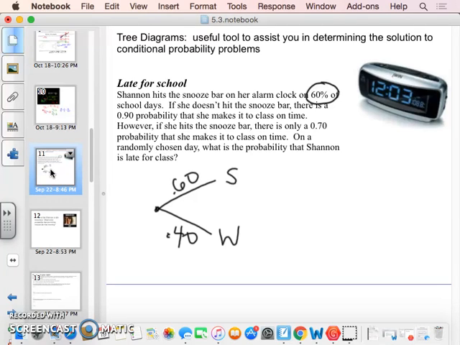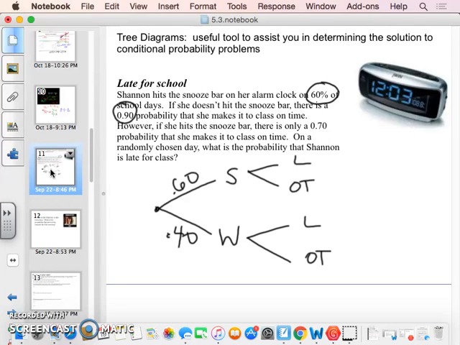Now from hitting snooze, she's then either late or on time to school. And so in this situation, they said that if she doesn't hit the snooze bar, she's got a 90% probability of being on time.